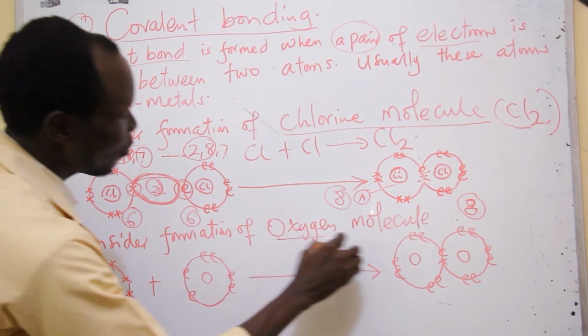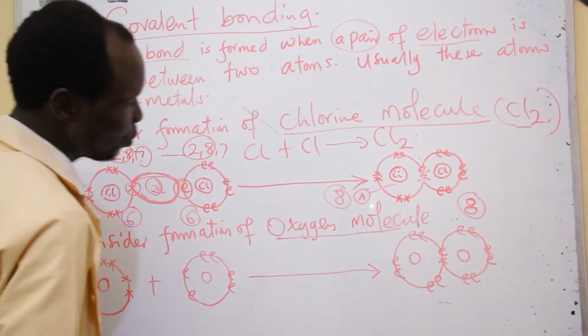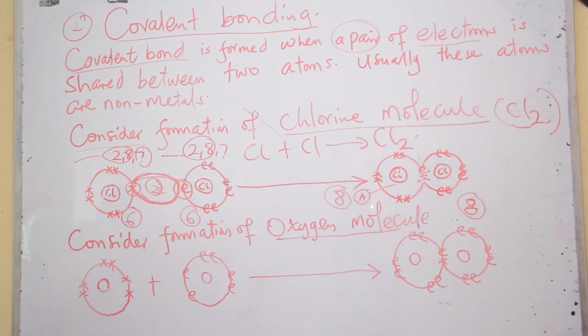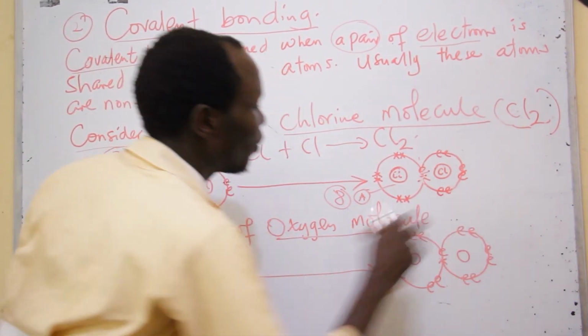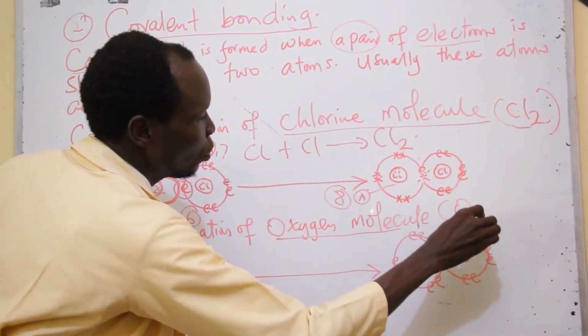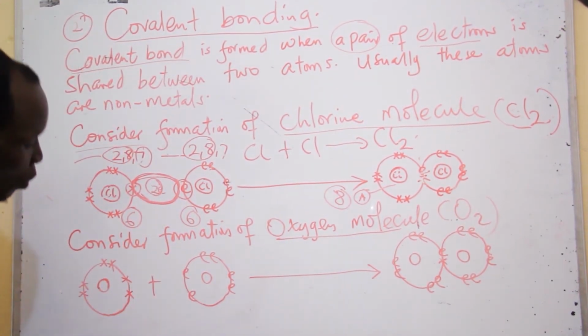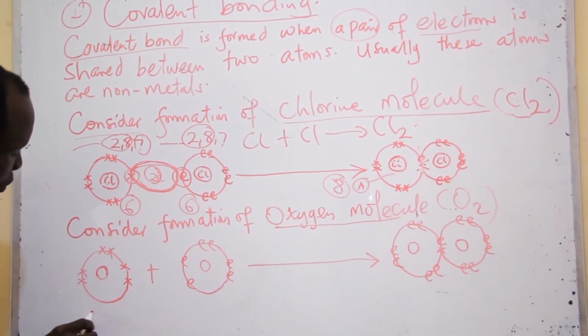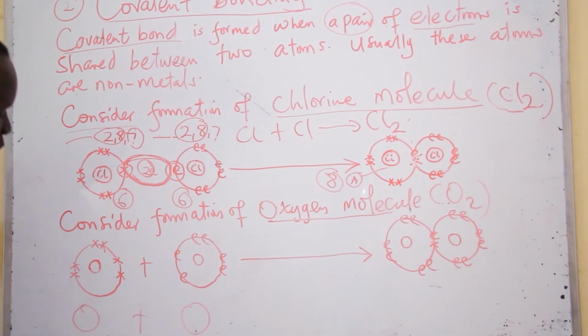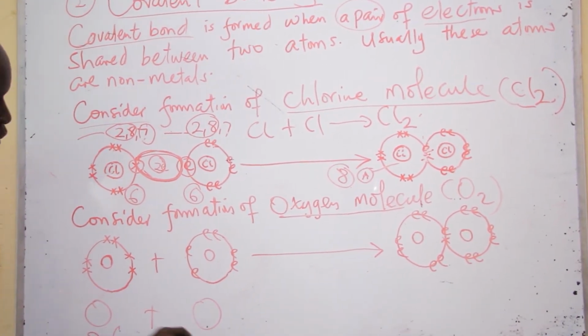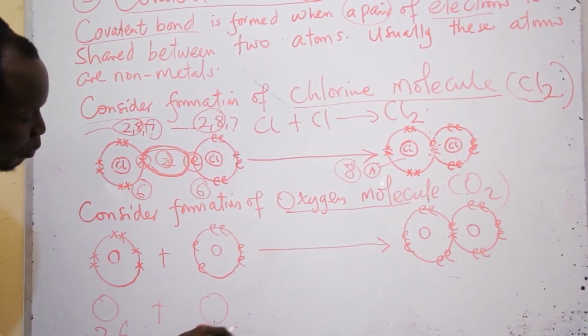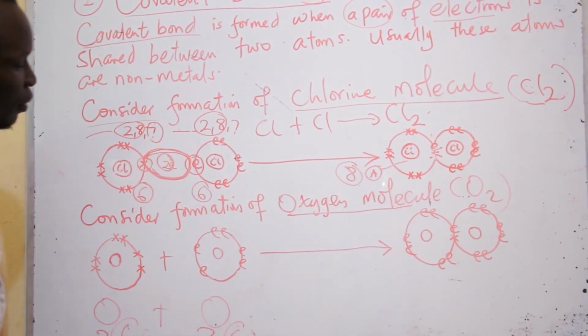Let us consider the formation of an oxygen molecule. In this, we are going to have O2 coming from one atom plus this atom. This is 2, 6, and this is also 2, 6, but we are taking the outermost energy level electrons.